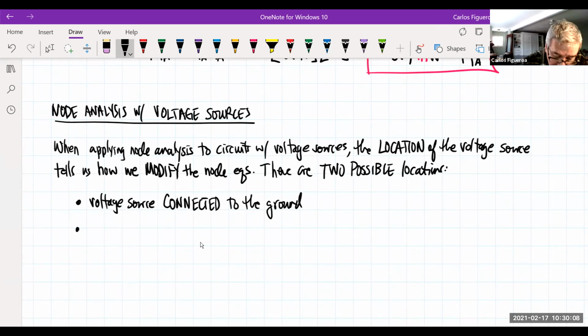Or you can have a voltage source not connected to the ground. And it turns out that where that guy is at tells us how we modify node analysis. So let's look at an example circuit to show you what we mean by this here.